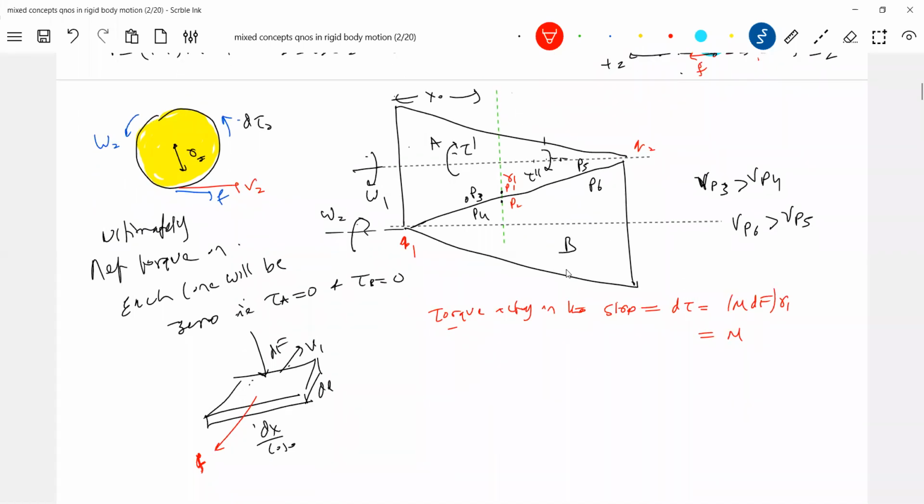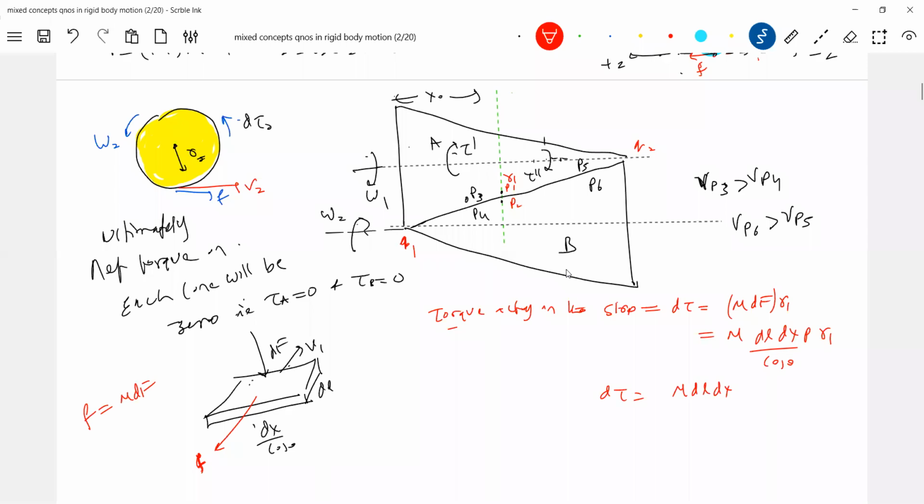I'm directly writing it. So what is F? Frictional force is mu df. So d tau equals mu into dl dx by cos theta into p into r1. What is r1? R1 we have defined as h minus x tan theta.